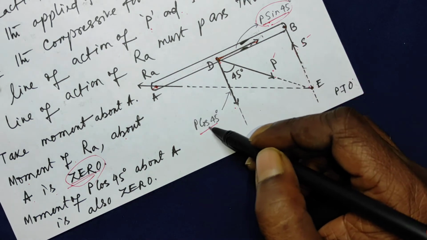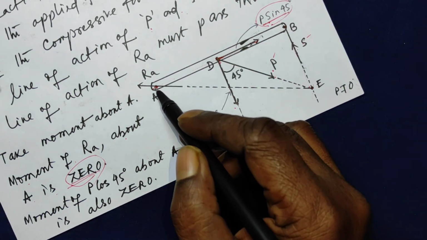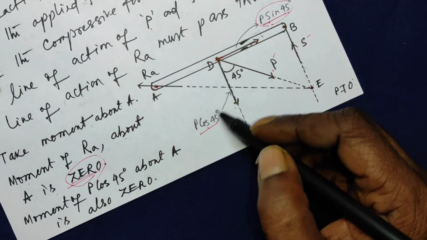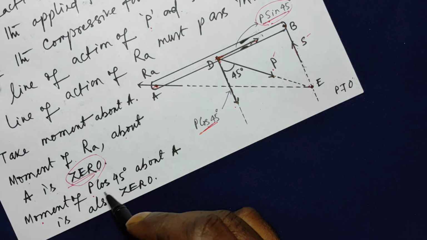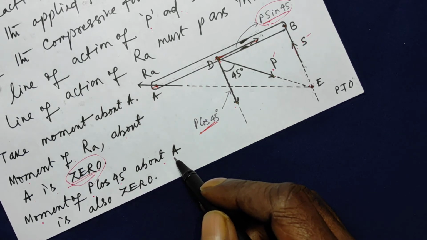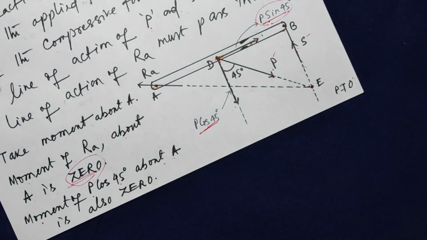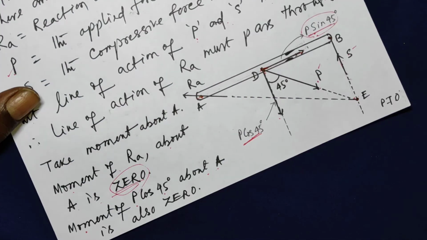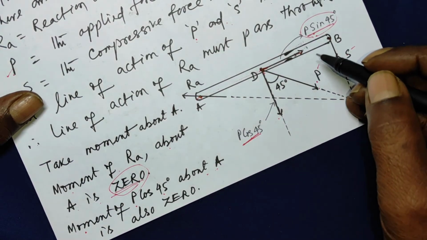So P sine 45, which is a component of P, does not have a turning effect about point A. But P cos 45, which is to this side, is at a perpendicular distance from A to D, so this will have a turning effect. Sorry, slightly mistaken.